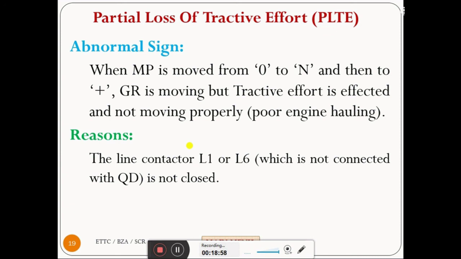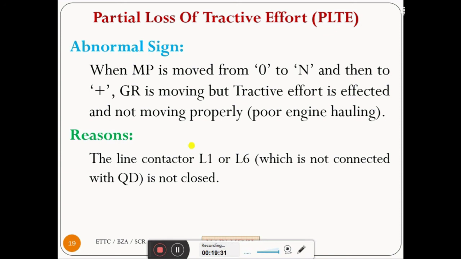QD1 is connected to 2 and 3 TMs, that is L2 and L3 line contactors, and QD2 is connected to TM4 and 5, that is line contactors L4 and L5, and the remaining two line contactors are L1 and L6. If any one of these two are not closing for any reason, it leads to partial loss of tractive effort.